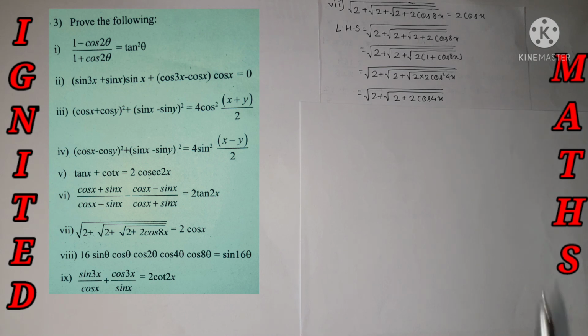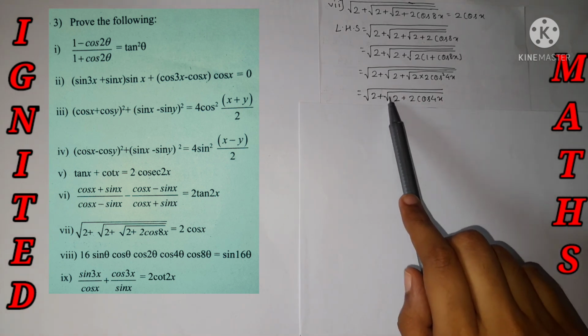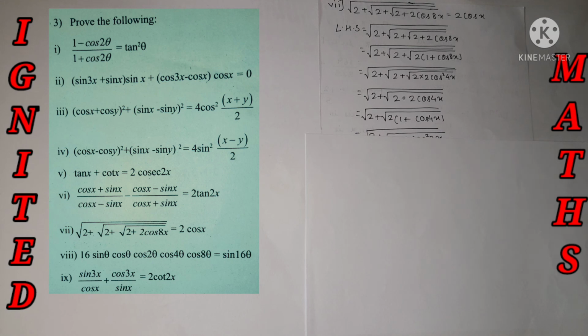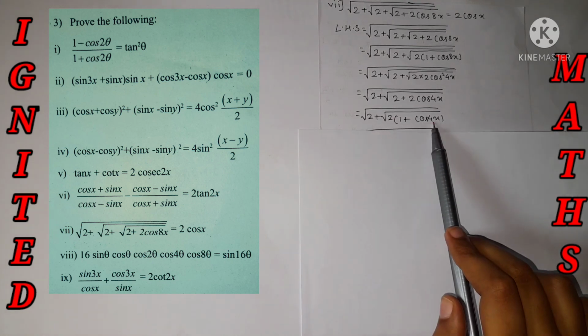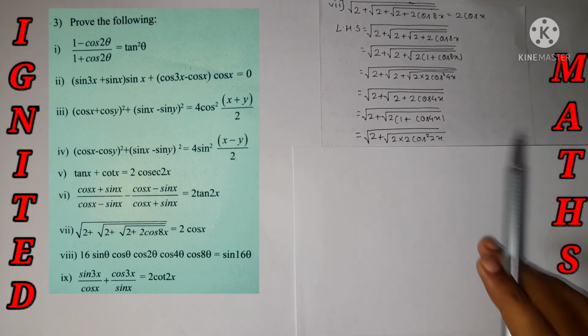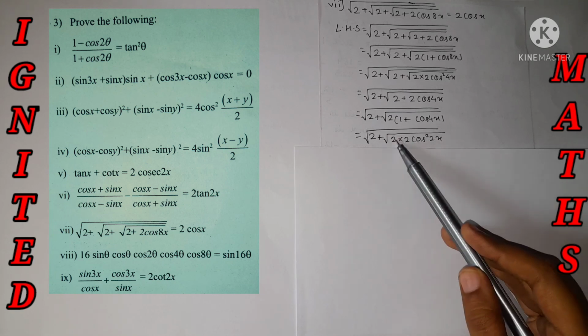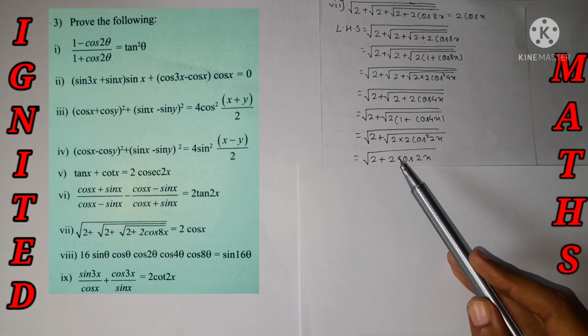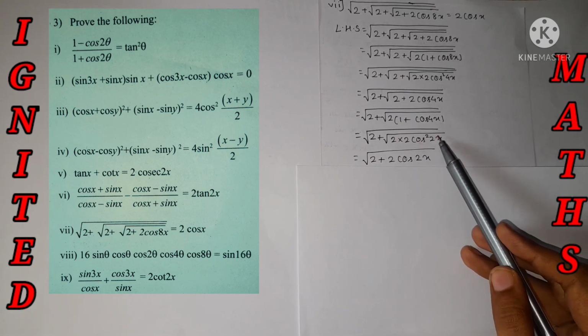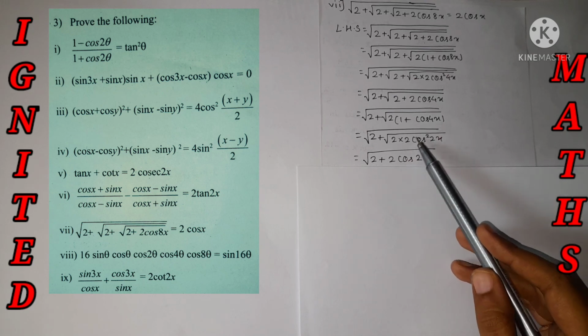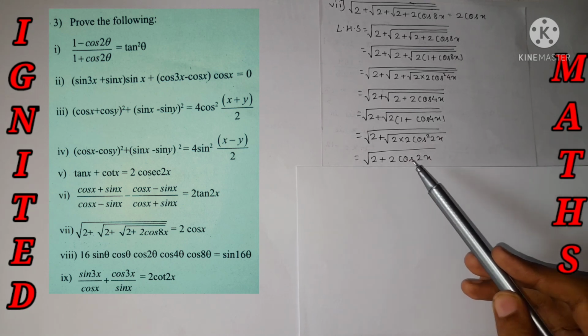Again 2 plus 2 cos 4x, so take 2 common: 1 plus cos 4x. Put the formula accordingly, and again the square root: 2 into 2 is 4, so 2 comes out, and root cos²2x is cos 2x.